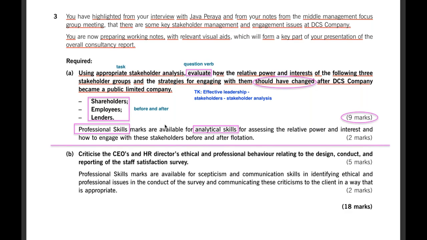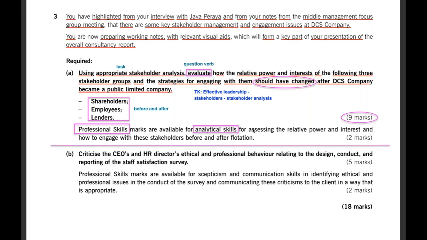All right. So the professional skills being tested here are your analytical skills for assessing the power and interest, and how to engage with these stakeholders before and after the flotation. You see, they did mention before and after the flotation.